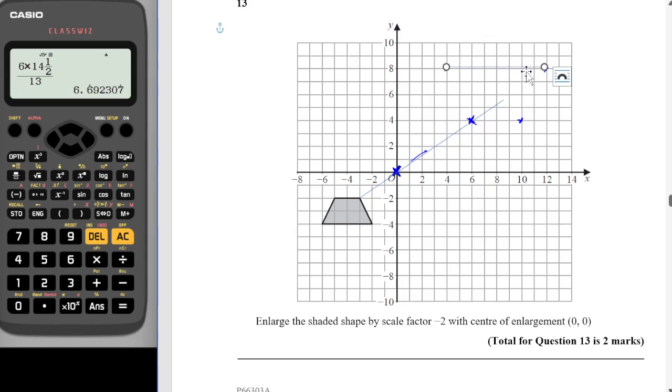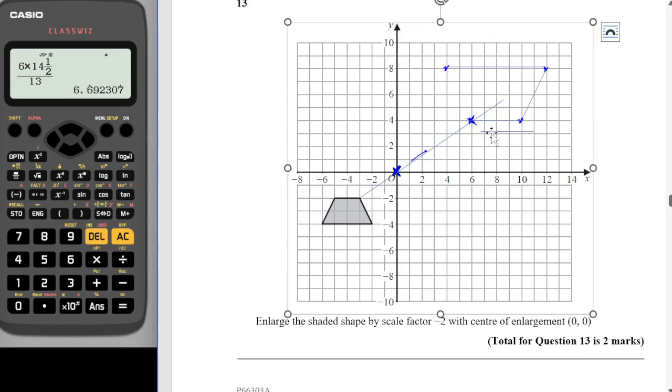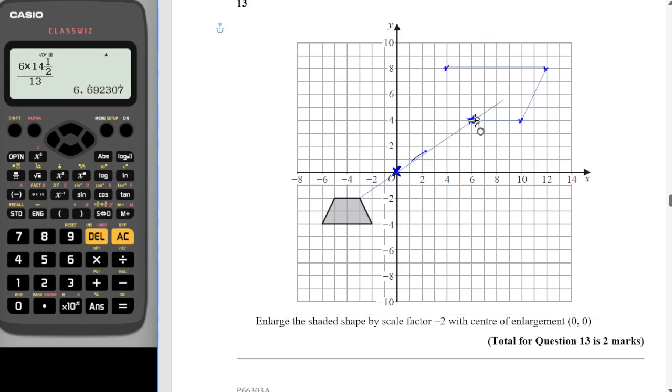Let's try and make it as neat as we can. So that's going to be my shape there.